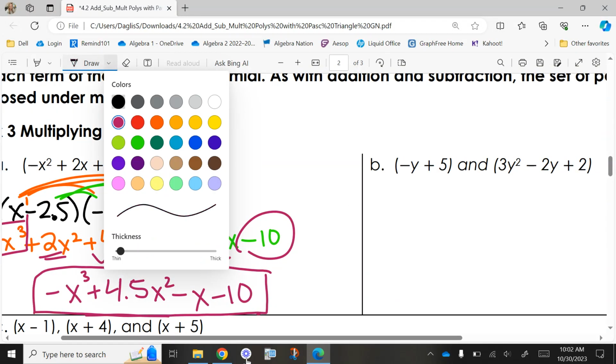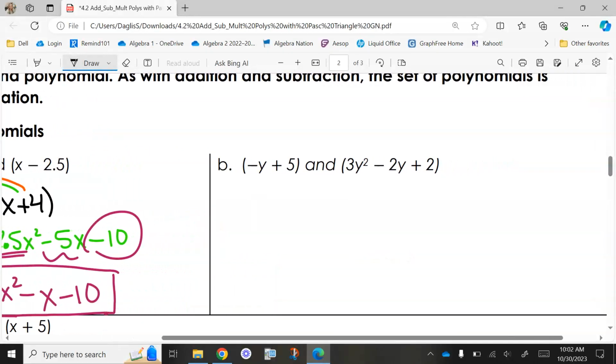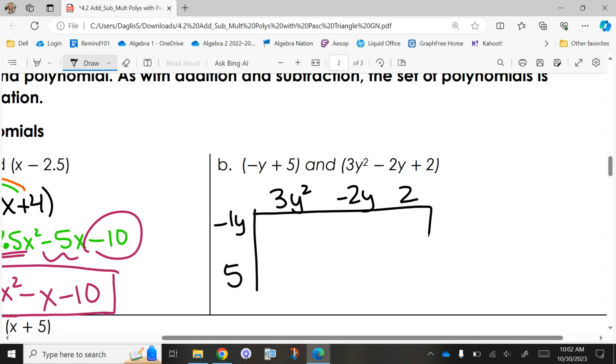So I'm going to have 3y squared minus 2y and 2. And then on the side, I'm going to have negative 1y and a positive 5. I'm going to build it like a multiplication table, like this. Okay. My visual learners typically like this better.